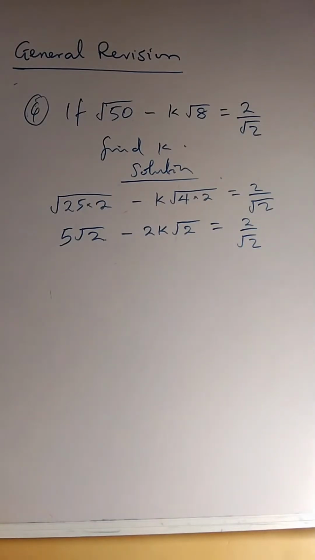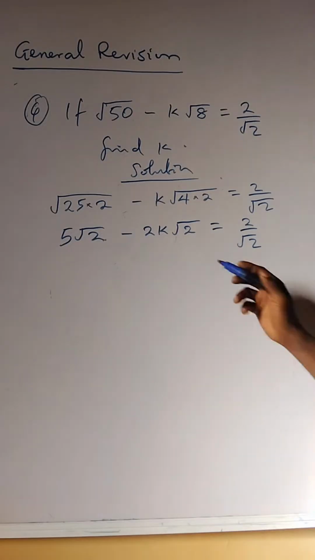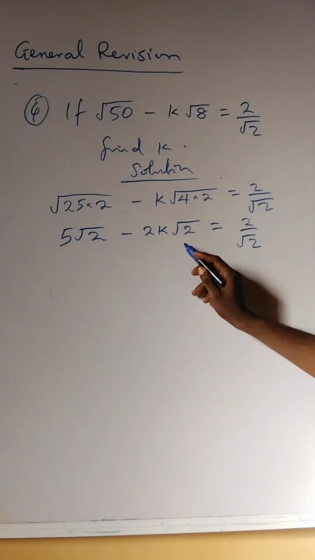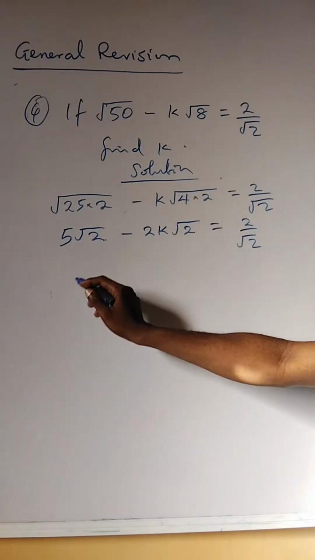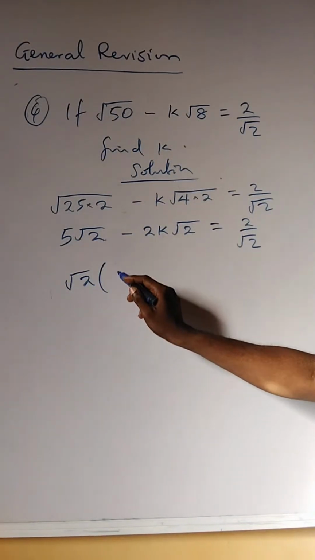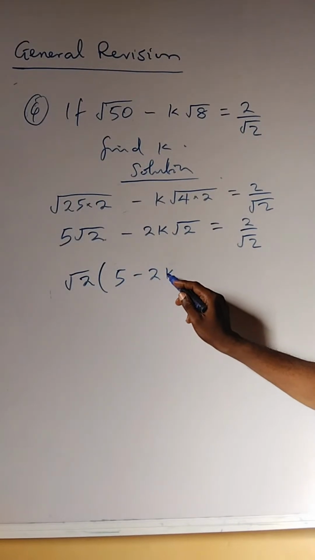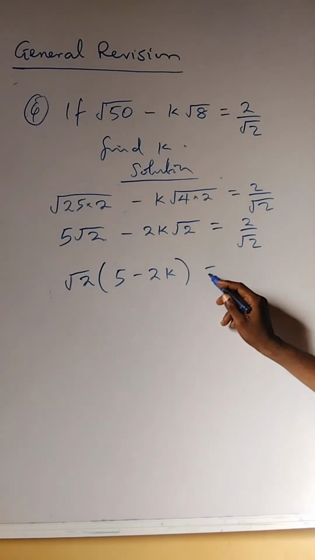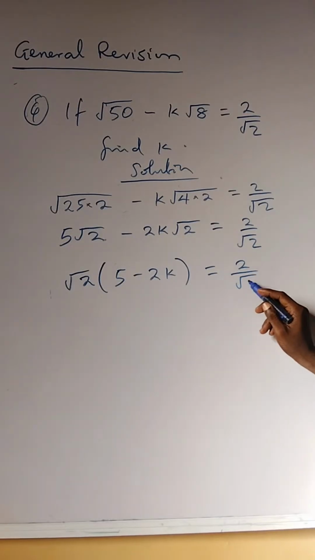Now, there's a way we can find our way around this in order to get the value of k. Let's do it this way to make it easier. We can bring root 2 out here. Root 2 is common. We can say root 2 into bracket 5 minus 2k equals 2 over root 2. Now, let's get rid of this root 2. What do we do to get rid of root 2 on this side?